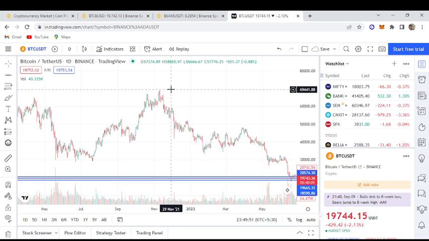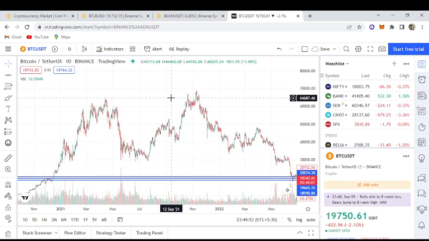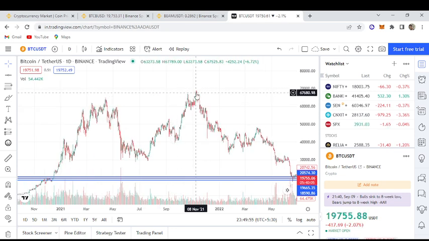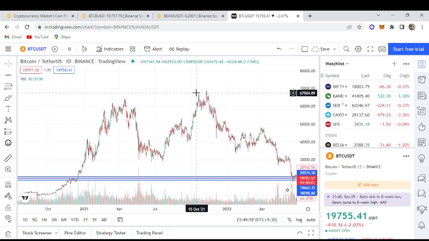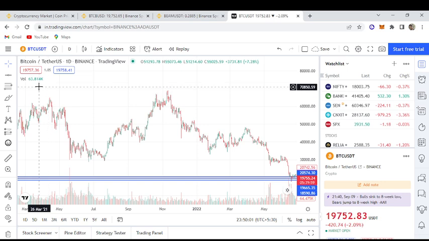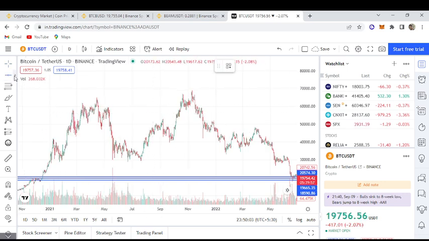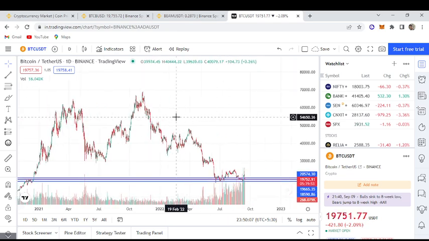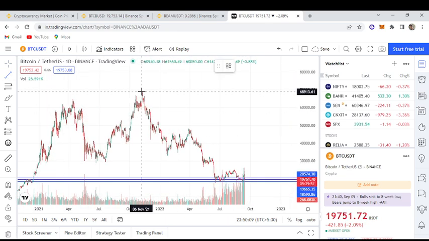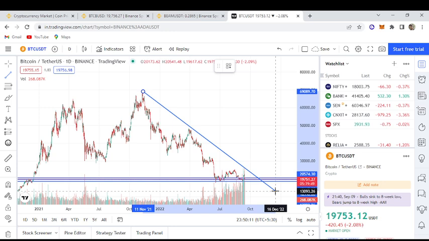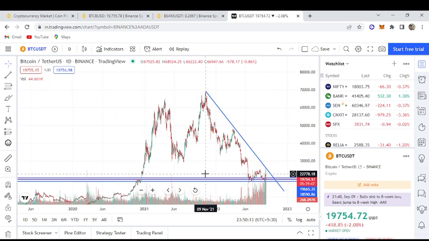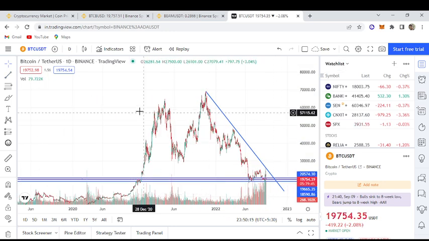Then we again broke the highest high at around 8 November 2021. Then the bear market started again from this position. Direction line from here to this. So yeah, that's a very good downtrend.